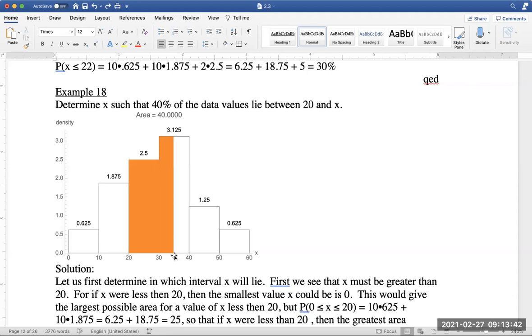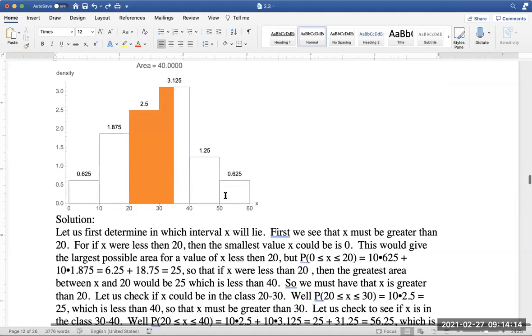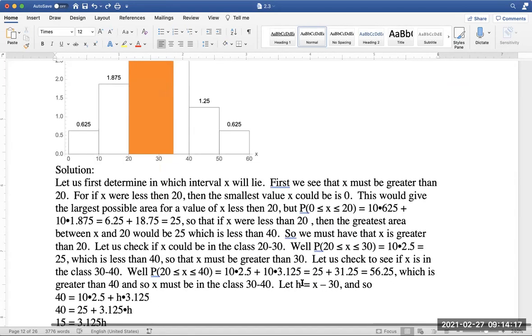Let X be the number between 30 and 40 so that 40% of my data values lie between 20 and X. Let H be the width of this little bar here, so let H equal X minus 30. Then we get the following.